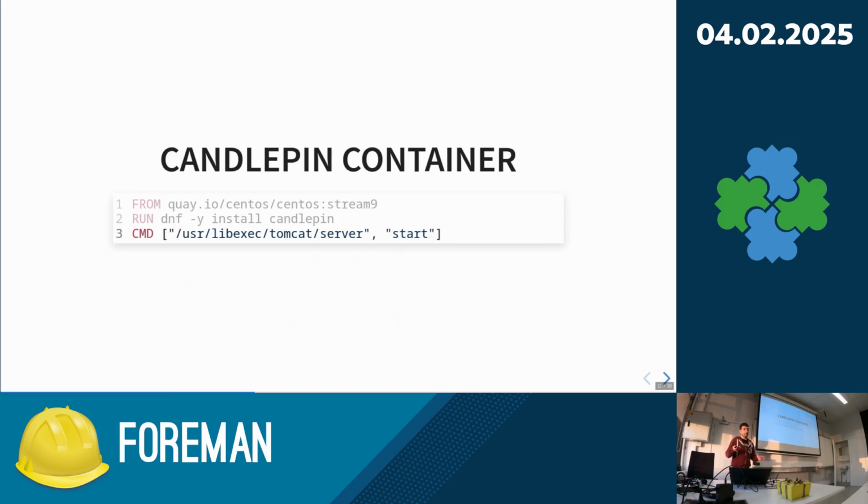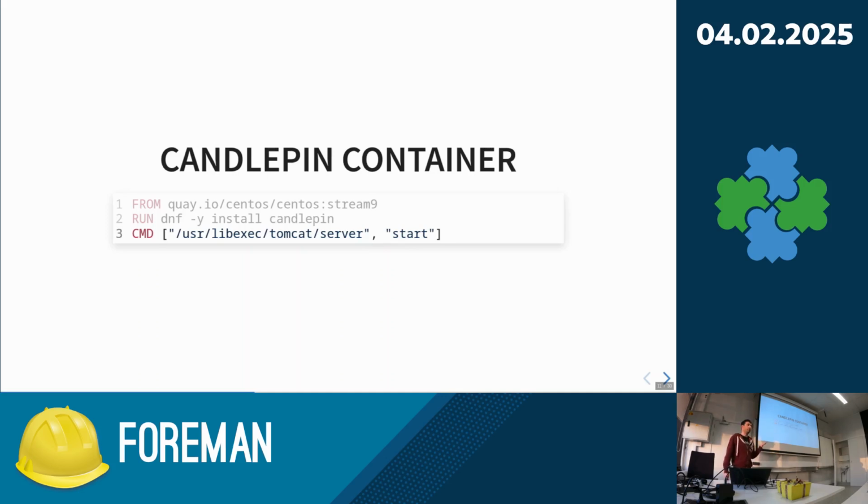That's all, because the package will drop all the definitions in the right places, in /usr/share/tomcat/webapps, something like that. I don't recall. But it starts, it puts up the container, and luckily for us, there are no moving parts whatsoever. Candlepin doesn't support plugins. There are no modifications that we need to make to the thing before it can run. So pretty easy, pretty nice.